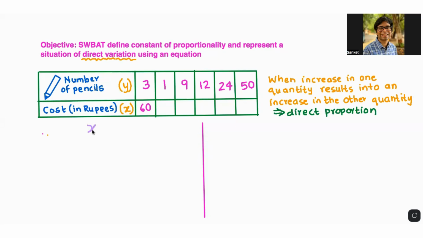In mathematical form, we show it as X is directly proportional to Y. This letter is alpha. It's a Greek letter and it denotes proportion or variation. So I will read this as X is directly proportional to Y, which means that if Y increases, X will also increase, or if Y decreases, X will also decrease.